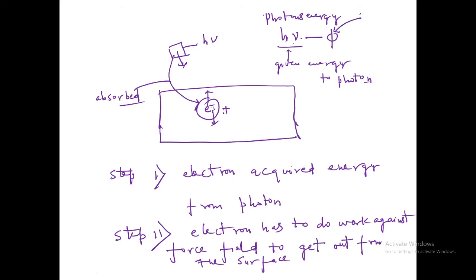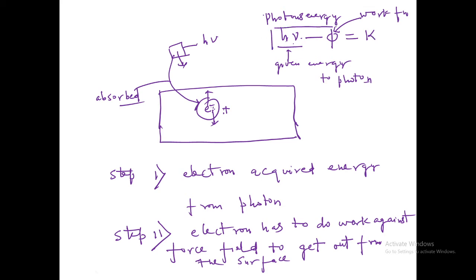Work function. This is the work function. And suppose there is no collision, in an ideal situation, then with the rest of the energy the electron goes away with certain kinetic energy.